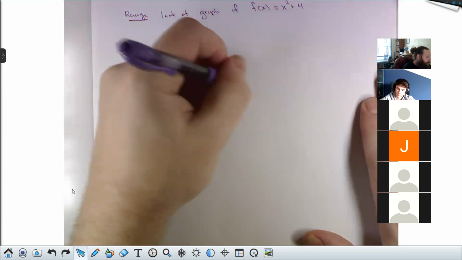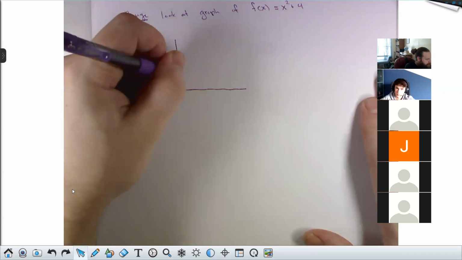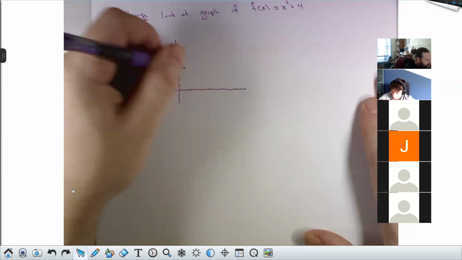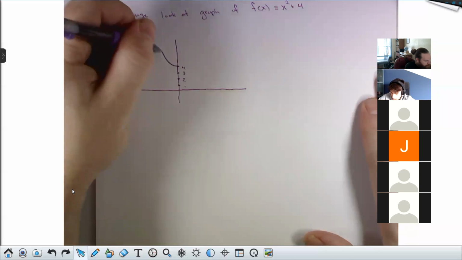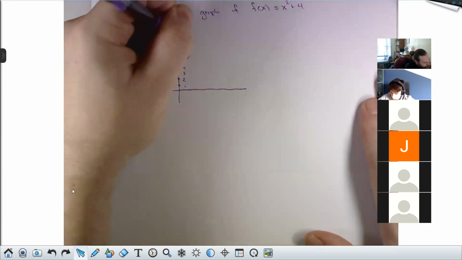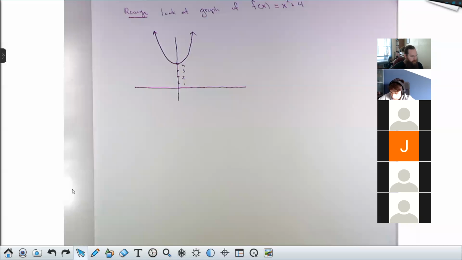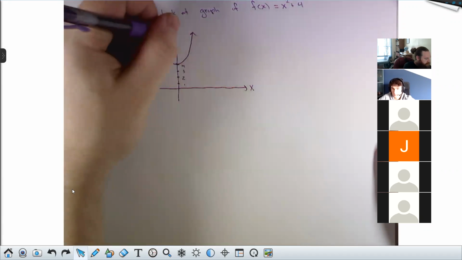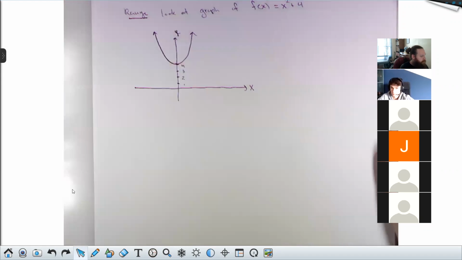We're going to talk a lot more about graphs down the road, but for now, this is sufficient. You're welcome to use Desmos here. This is my x-axis. This is my y-axis, and this is the graph y equals f of x.